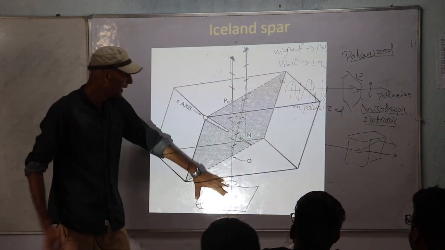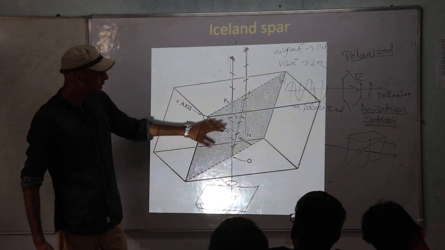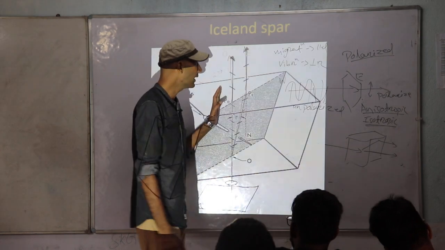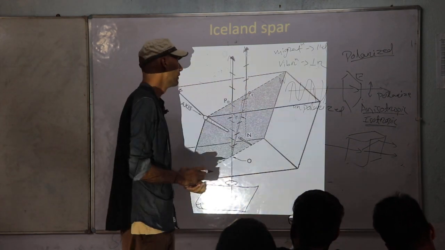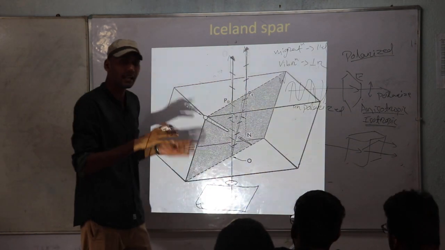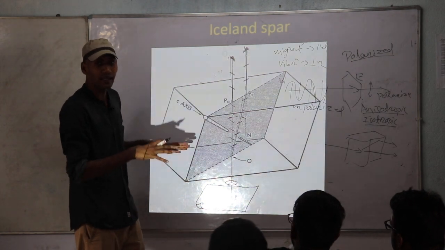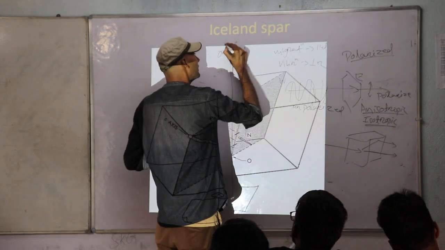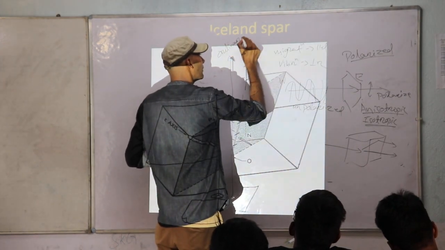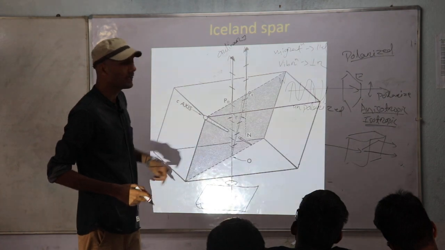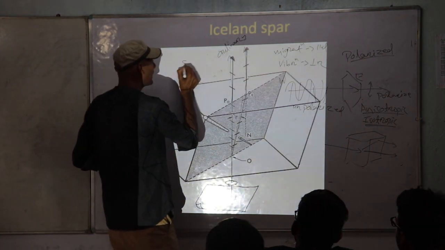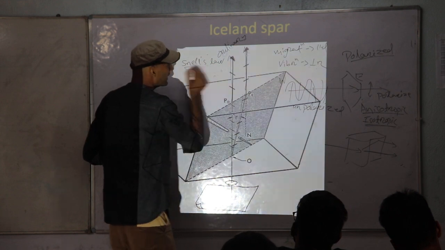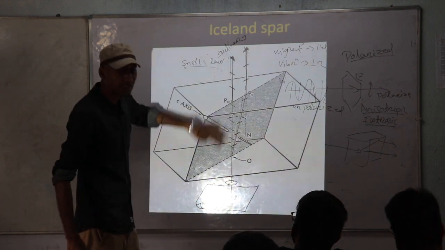So what happens when an unpolarized light ray enters an anisotropic mineral? It splits up into two rays. One is ordinary, one is extraordinary. Ordinary means the ray is given the name of the ordinary component. Why is it named the ordinary component? Because it obeys Snell's law, and as I have told, it continues the same path.